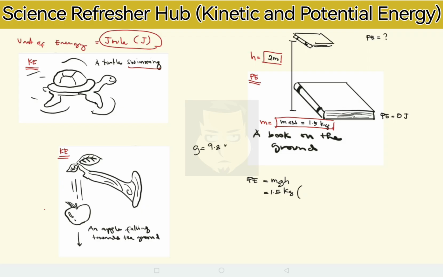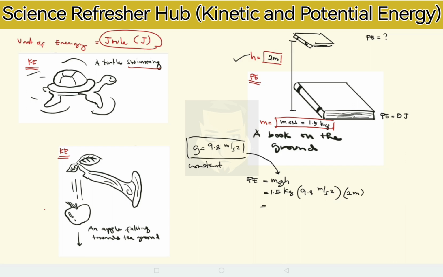That's 9.8 meters per second squared. This is constant, so you will definitely substitute it to our G variable, or gravity variable. So our G is 9.8 meters per second squared, and then we will multiply it by the height. The height is 2 meters.